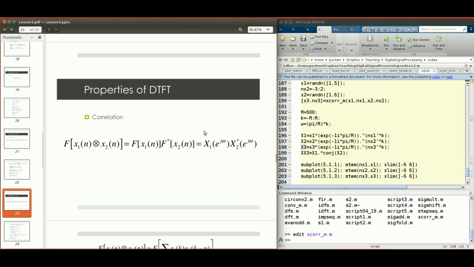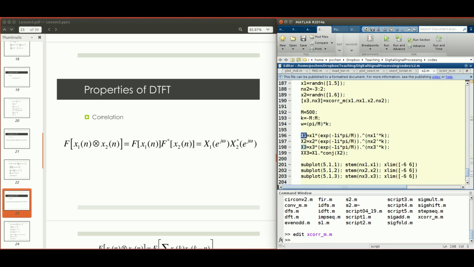Then let's construct the right-hand side. The right-hand side is the Fourier transform of the first signal multiplied with the conjugation of the Fourier transform of the second signal. The Fourier transform of the first signal is big X1. Multiply, component-wise, so it's a dot multiply, the conjugation of big X2.